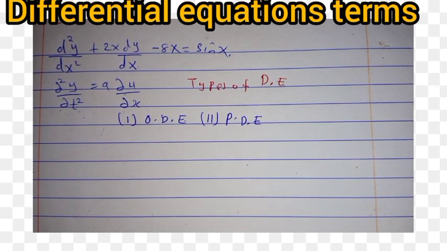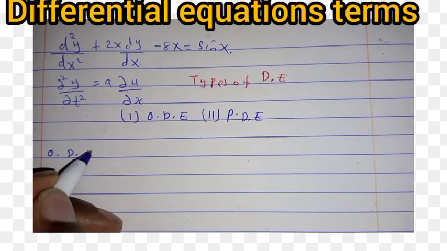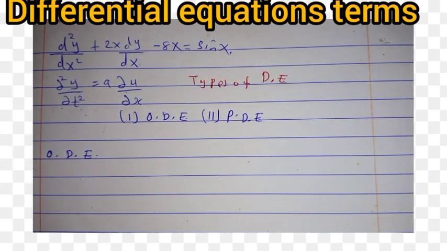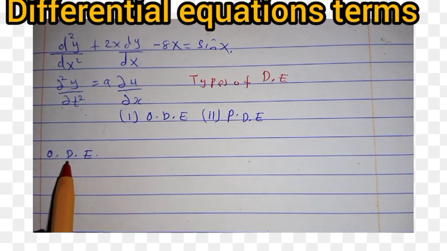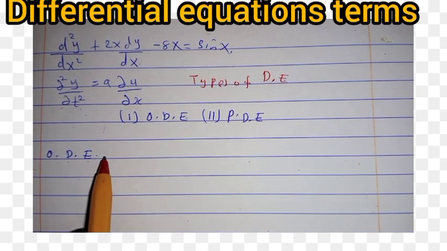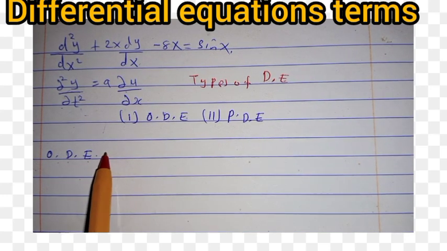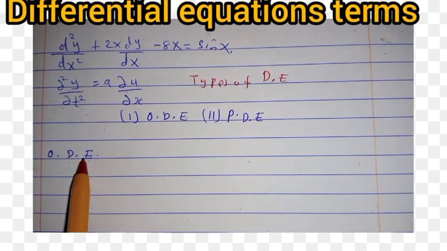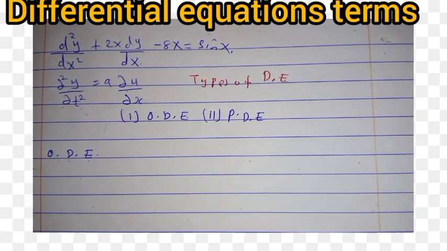Now, then we come to ODE. What is an ordinary differential equation? O stands for ordinary, D differential, E equation. So an ordinary differential equation is a differential equation that involves the derivative with respect to only one independent variable.